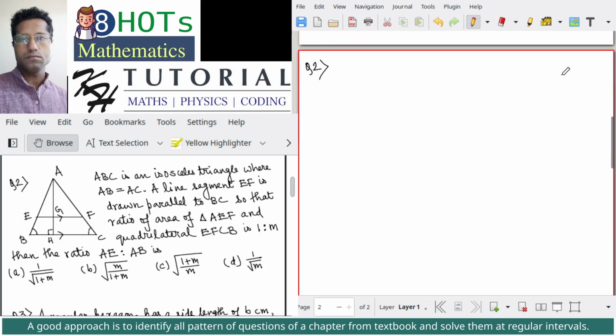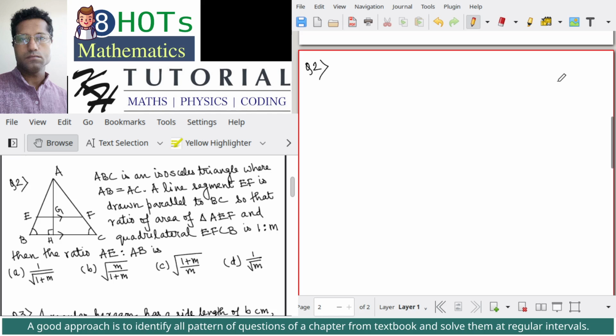ABC is an isosceles triangle where AB is equal to AC.